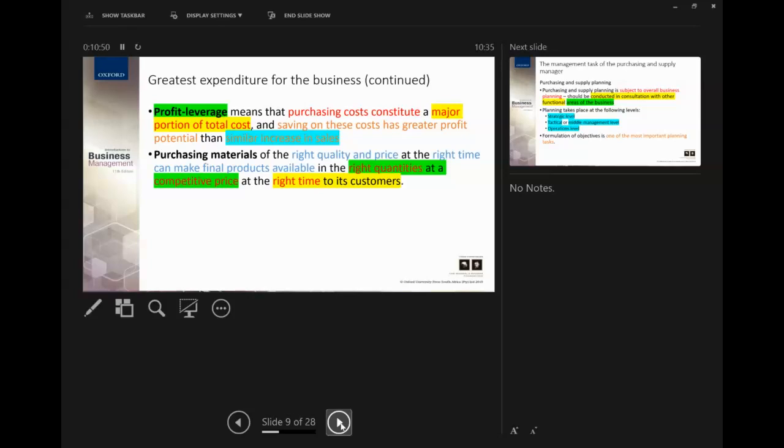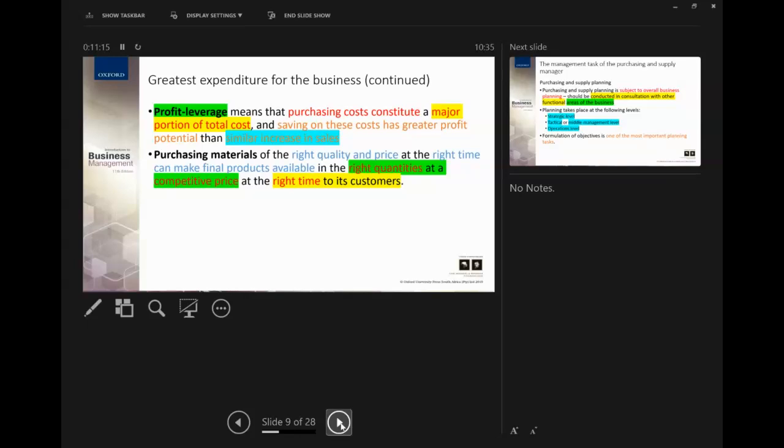Profit leverage means that purchasing costs constitute a major portion of total costs, and saving on these costs has greater profit potential than a similar increase in sales. Okay, so just highlighting the significance of an effective purchasing and supply function.